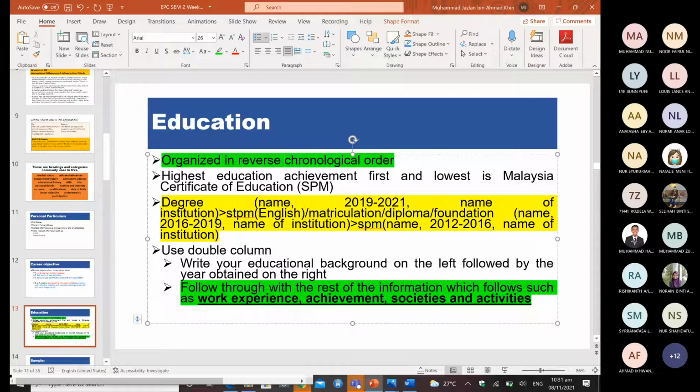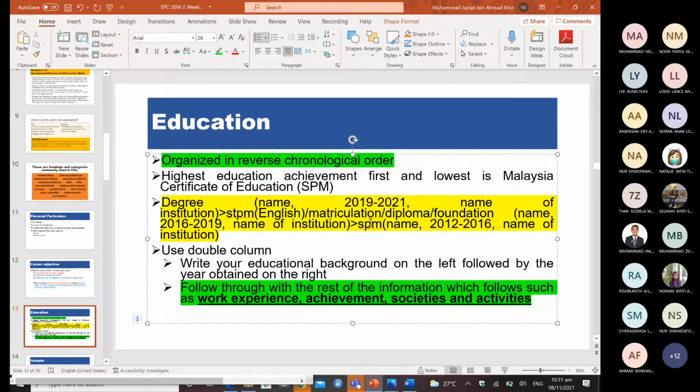The specific name of your matriculation, is it life science or physical science? And if you have a foundation, is it foundation in law or foundation in accountancy? The year can be subject to change depending on your actual qualification, the year of completing that study, followed by the name of the institution, the name of the school or college. Make sure to indicate that.